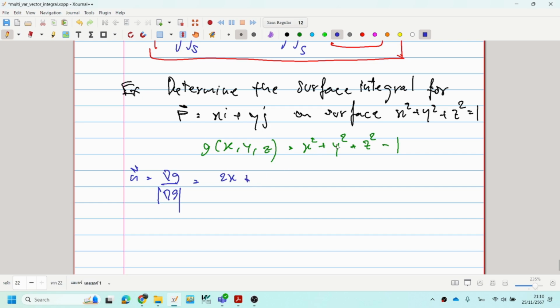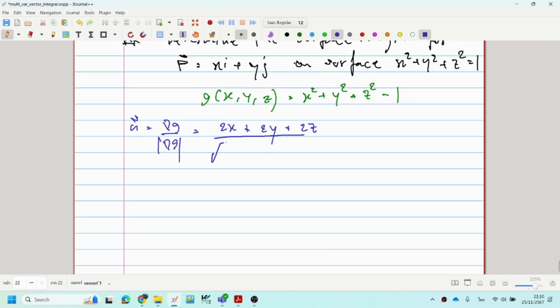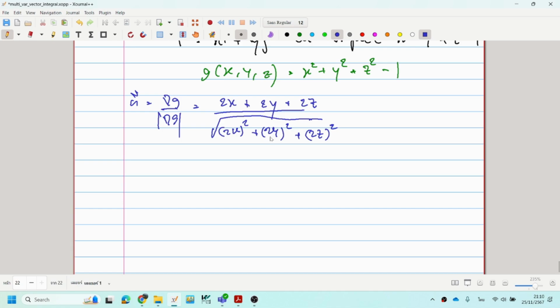Partial g by partial y gives 2y, and partial g by partial z gives 2z, and the last term becomes 0. Divided by the square root of 2x square plus 2y square plus 2z square, equal 2x plus 2y plus 2z divided by the square root of 4 times x square plus y square plus z square.